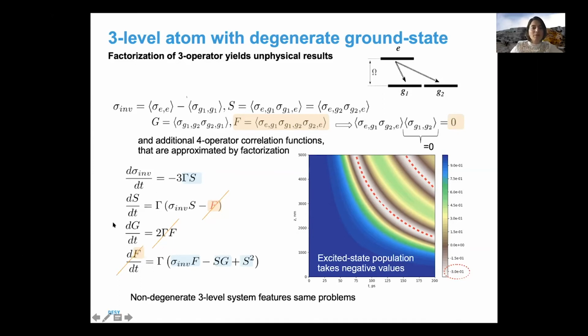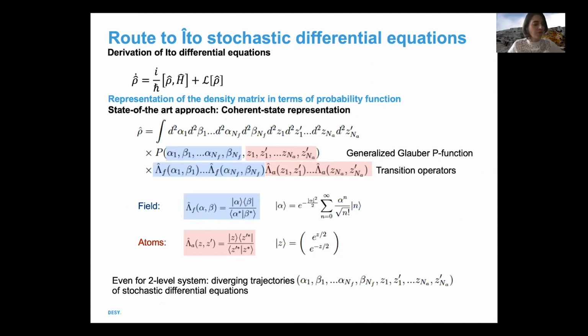And if you then solve these mean field equations, what you see is that you observe negative occupations of the excited state. So completely unphysical results, which show that the system breaks down. For n-level systems, you run into similar problems, and a quantitative description of the emission is no longer possible. So one needs to go to a different approach.